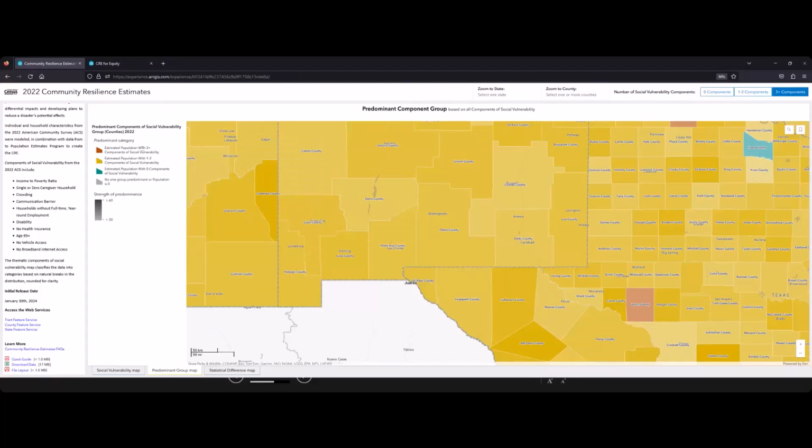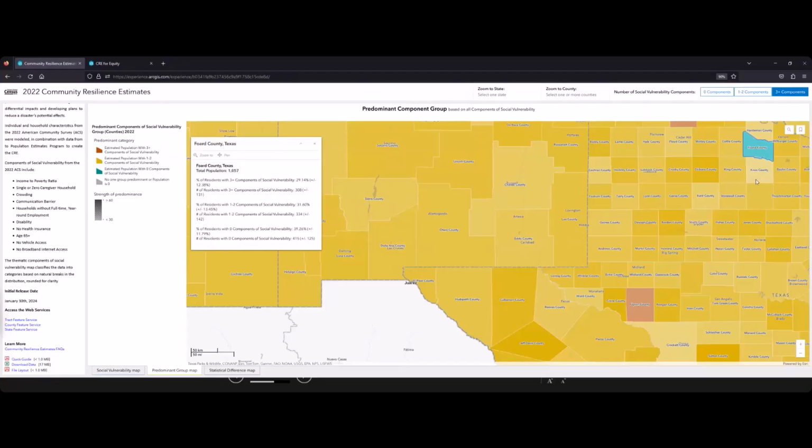For example, the legend says that anything that is colored blue, the largest group will be the one with 0 components of social vulnerability. So just by looking at the map, we can see here there's another county in Texas, Ford County, where the percentage of residents with 0 components of social vulnerability is at 39.26%.